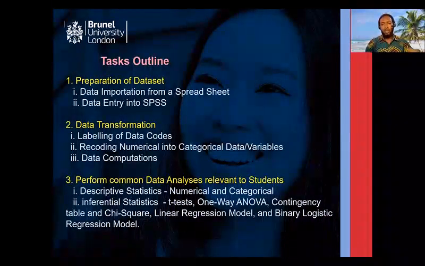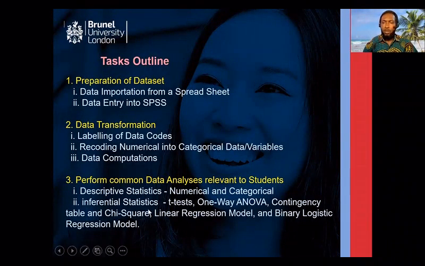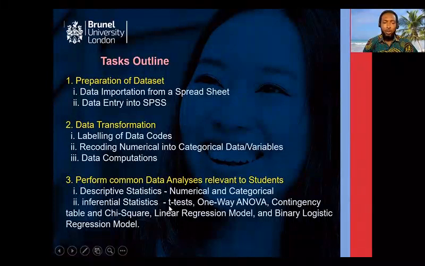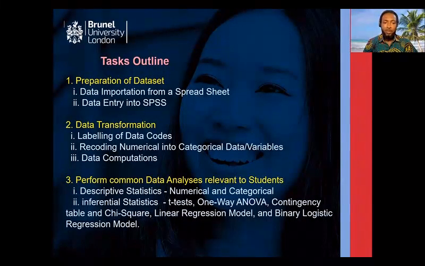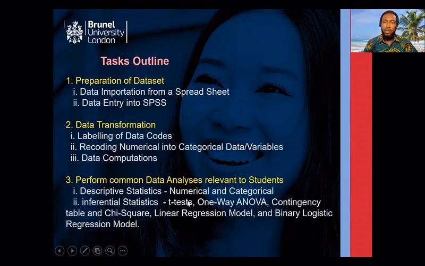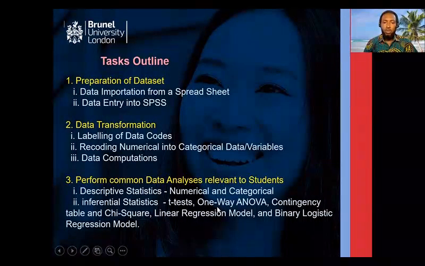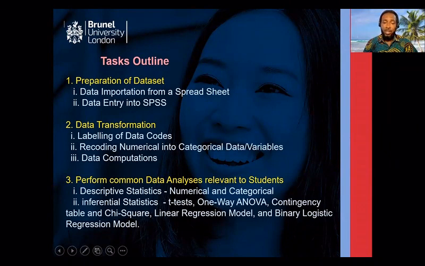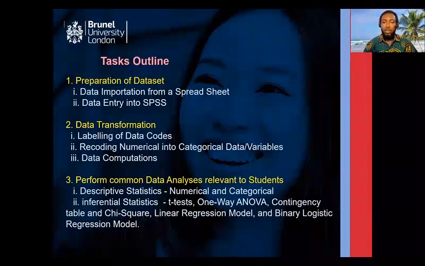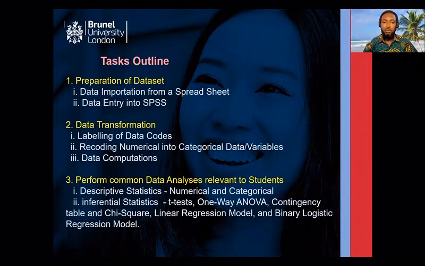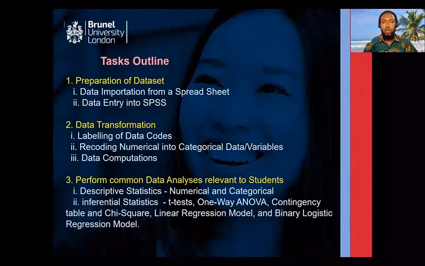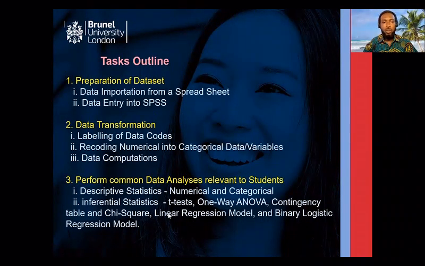For the inferential statistics, I've looked at those tests that I think will be very relevant in your research or your studies. So we shall be looking at t-tests, one way ANOVA, contingency table and chi-square, linear regression model, and binary logistic regression model.